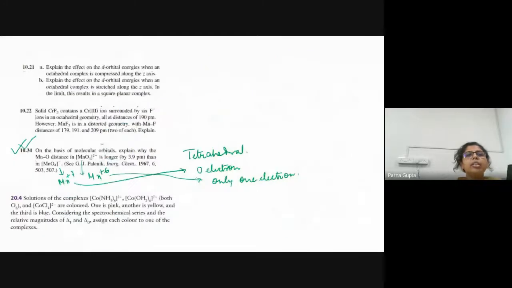Okay. The next question is about what I have explained. First, you take an octahedral ML6 and compress it along the z-axis. Then see what is in the table, and then take the octahedral complex stretched along the z-axis, which results in square planar.